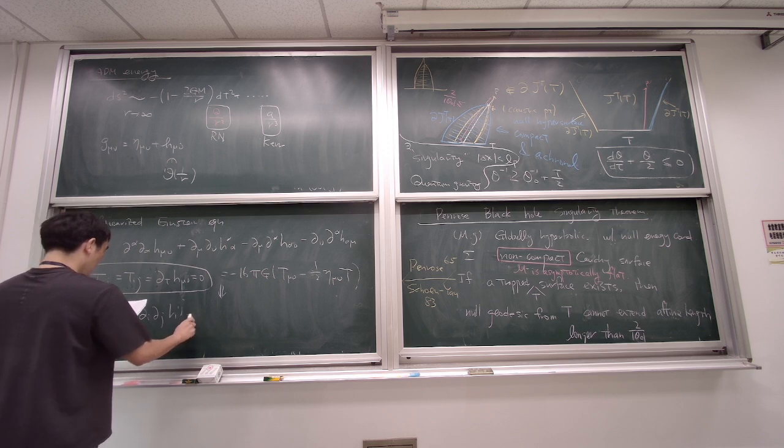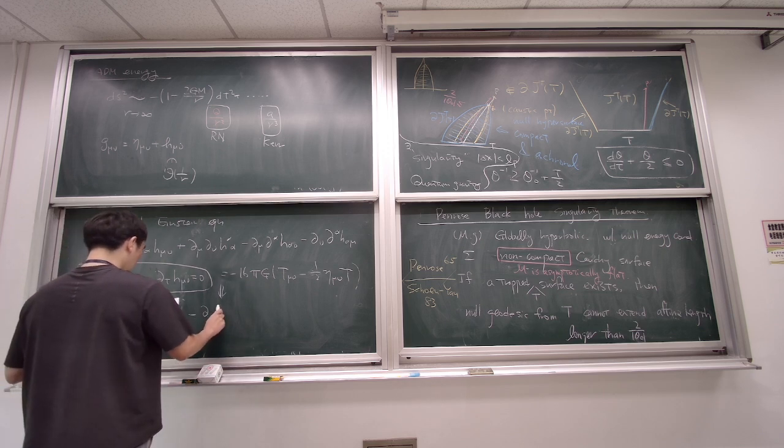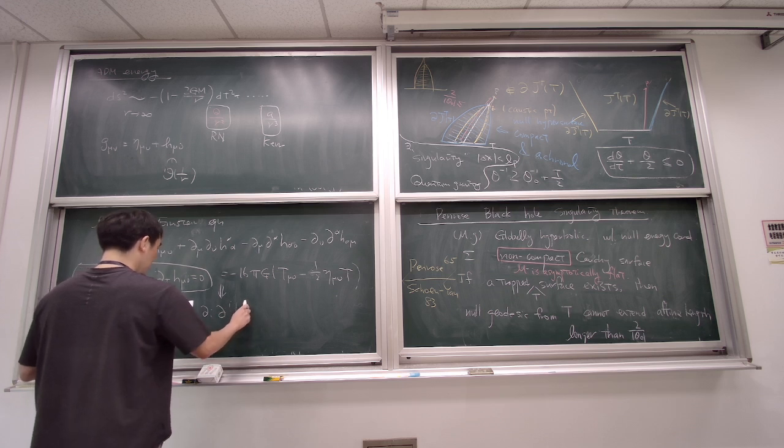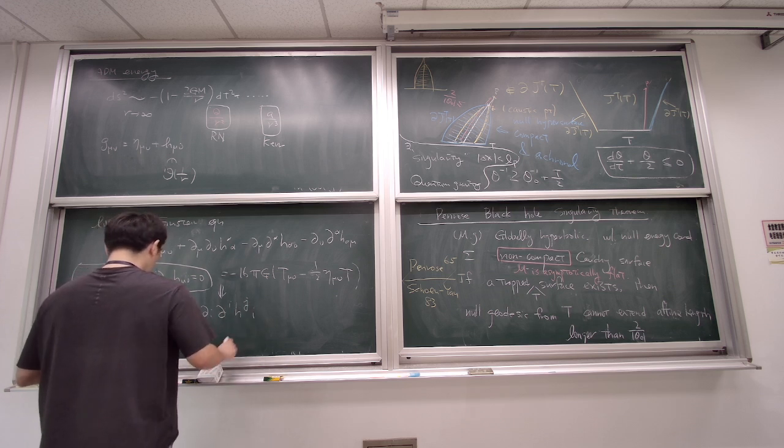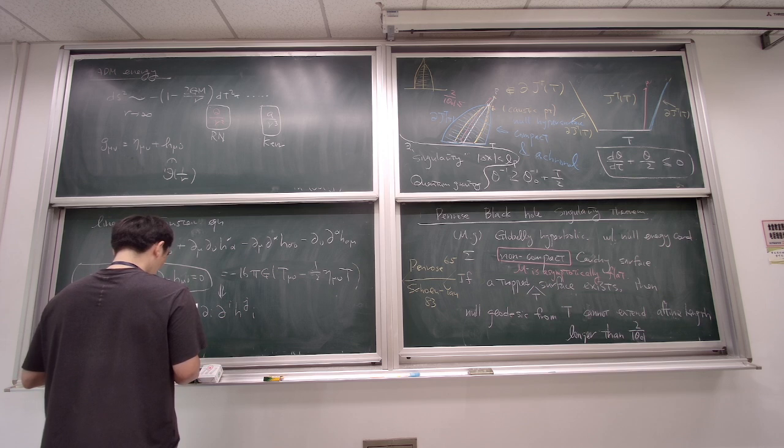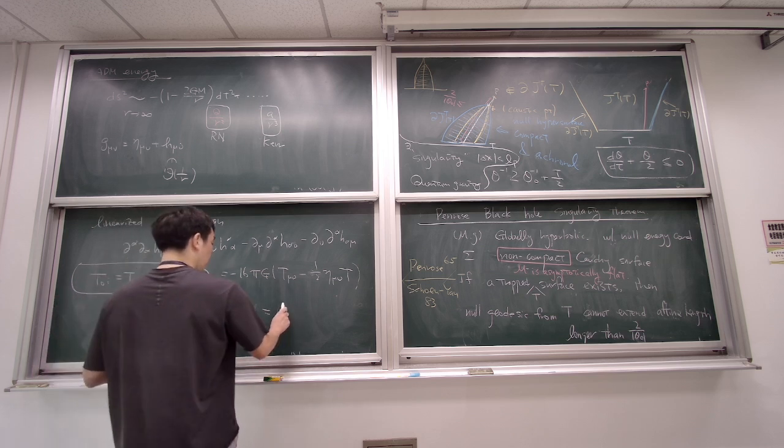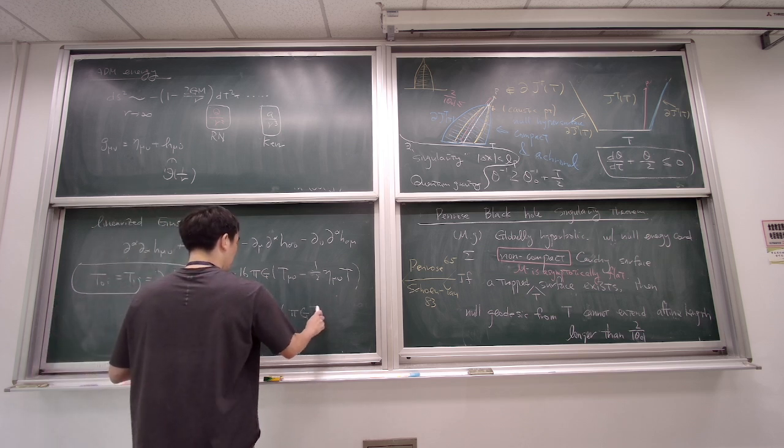Then this reduces to the following calculation: del i del j h ij minus del i del i h jj is equal to 16 pi G T00.